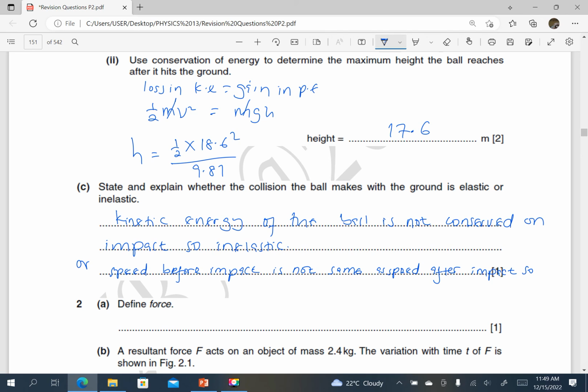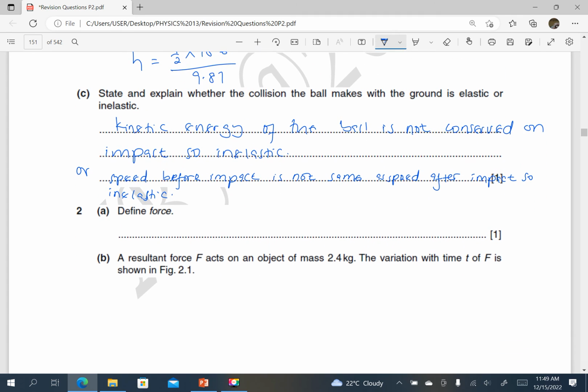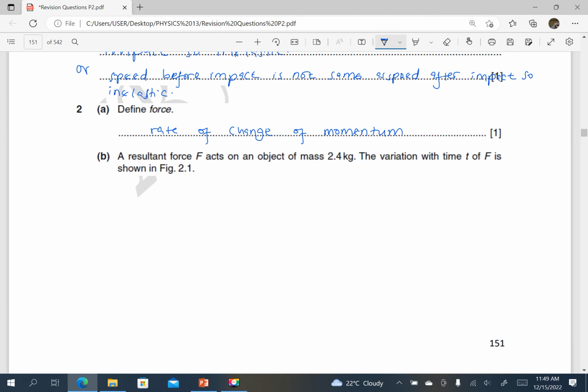So the collision is inelastic. So define force. By definition, force is the rate of change of momentum.